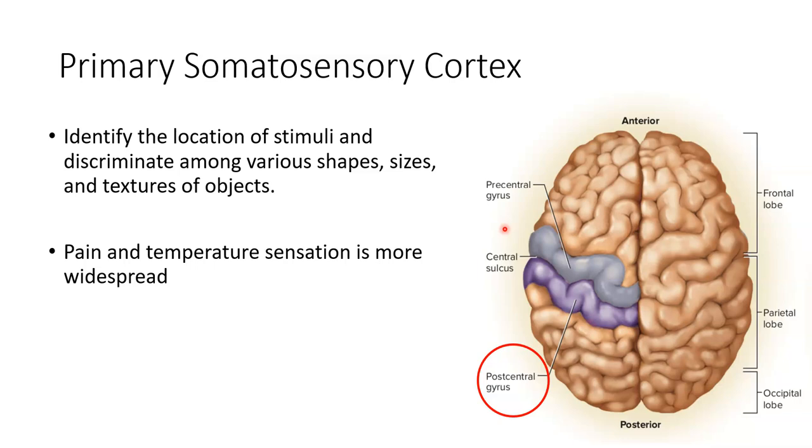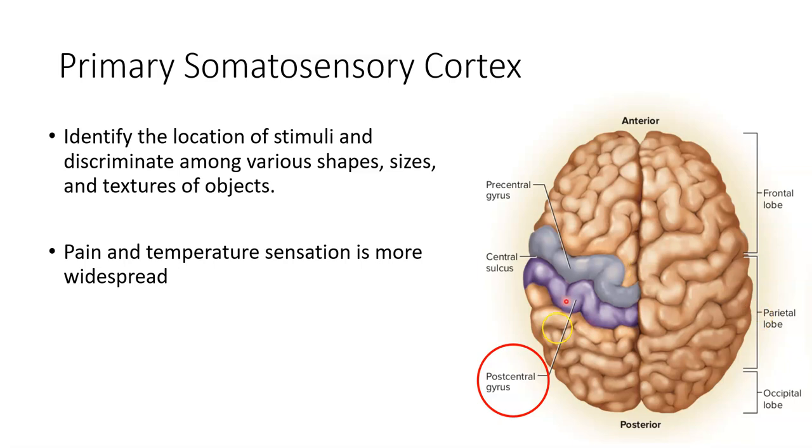Now, mind you, when we say discriminate among various shapes, sizes, and textures, we mean by touch. When you talk about the somatosensory cortex, it's important that you're thinking about everything to do with touch or pressure, but not visually.